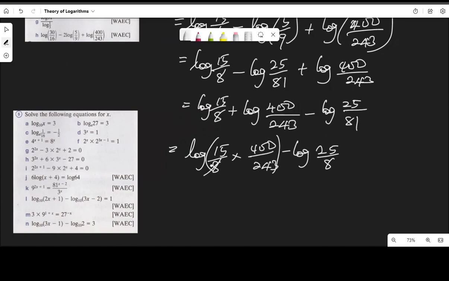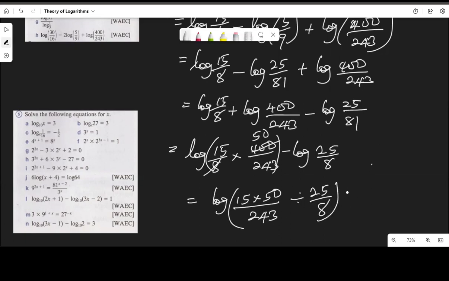Let's reduce again. 8 in 400 is 50. Okay, so here I have log 15 times 50 over 243, divided by 25 over 81.